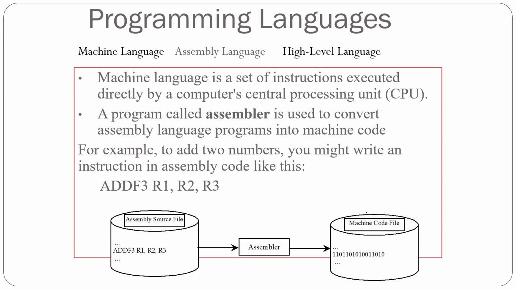So the language that our hardware understands is the machine language, and it would look something like this. This is the machine language. The instructions that our hardware understands are a bunch of zeros and ones.